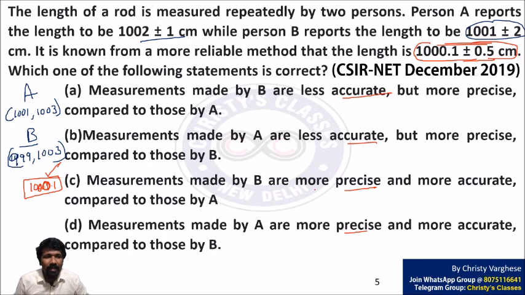So here A is having an interval of 2 and B is having an interval of 4. That means with respect to precision, even if you don't know the correct answer, you can say the precision is more for A, because A is saying that the answer will be around 1001 to 1003. But B is saying that it is between 999 to 1003, means that is a bigger interval. That means the precision is less.